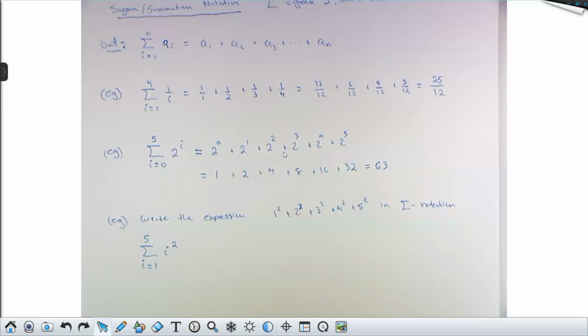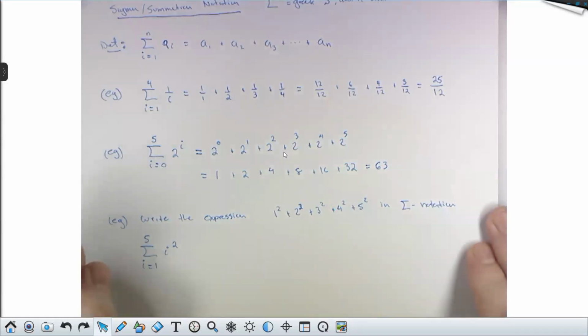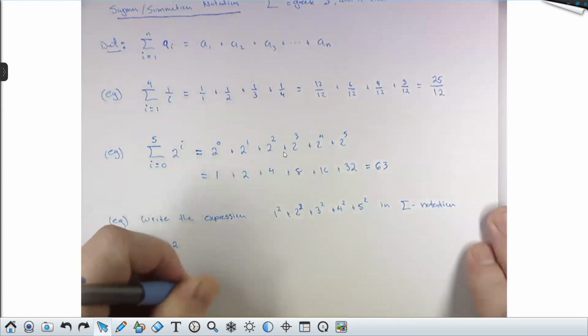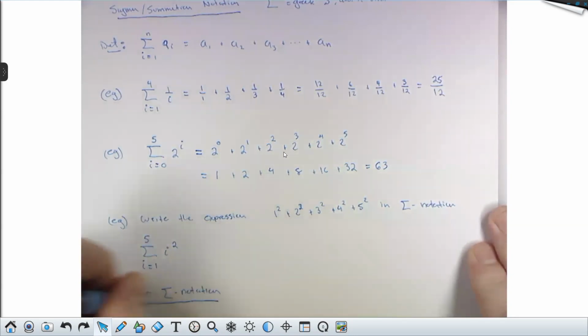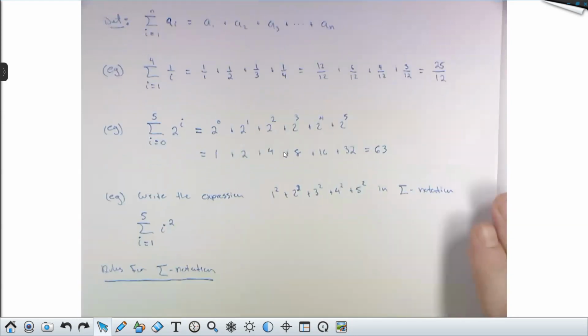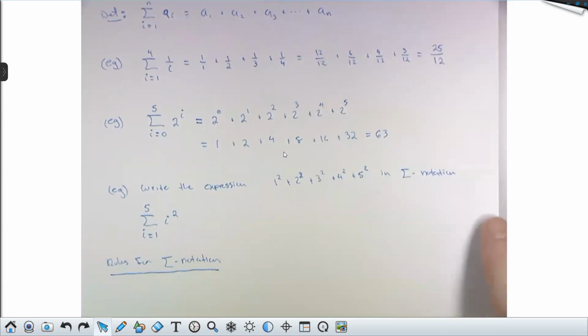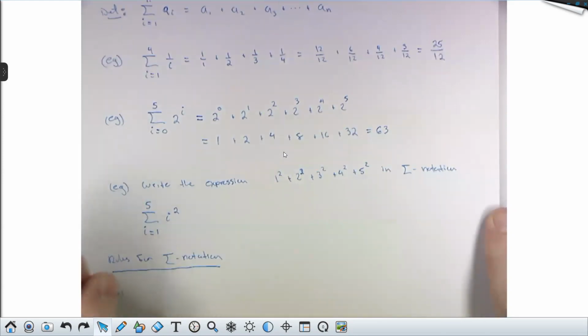There are some rules for the sigma operator, which will be useful, not just here, but also in Calc 2. In Calc 2, we do a lot of this sigma notation work. Two main rules.